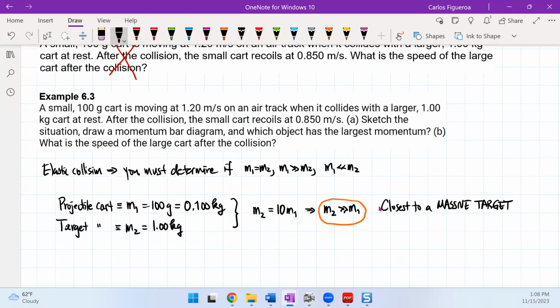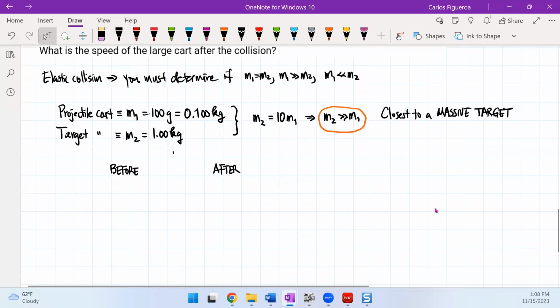So then here we go. So now let's start drawing our pictures. And we want to ask detailed questions, right? We want to ask detailed questions.